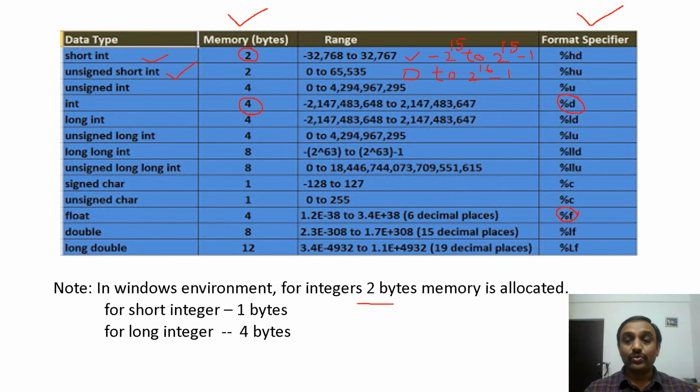Next, to read or print those things using scanf and printf, you have to follow this format specifier. So we have to keep in mind these format specifiers. And as I told, in the Windows environment and Linux environment, only integer memory allocation differs. In the remaining data types, memory allocation is the same.